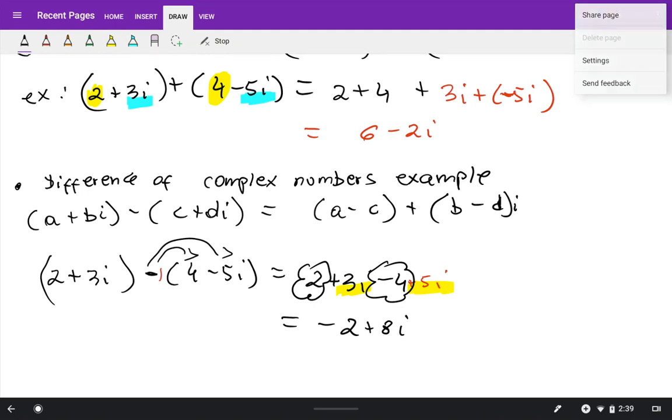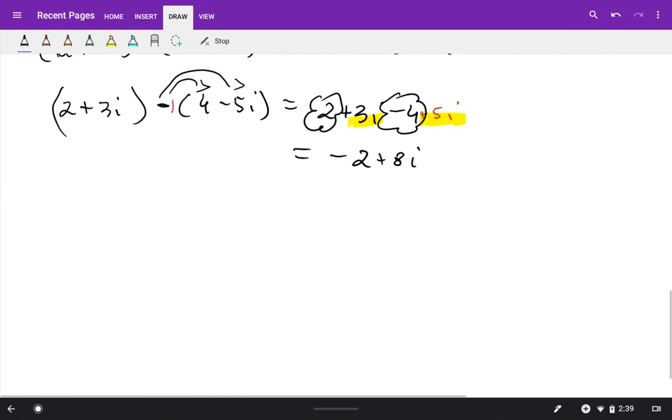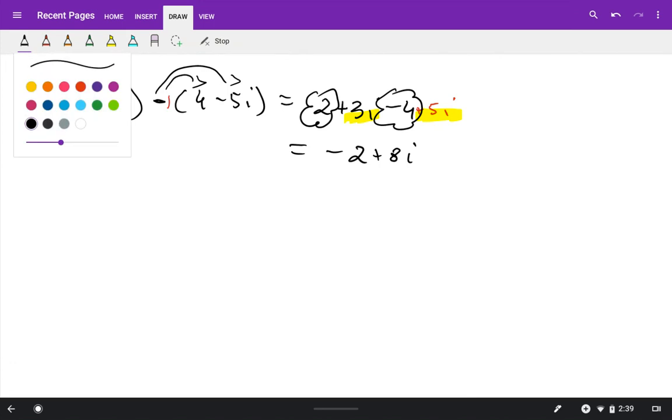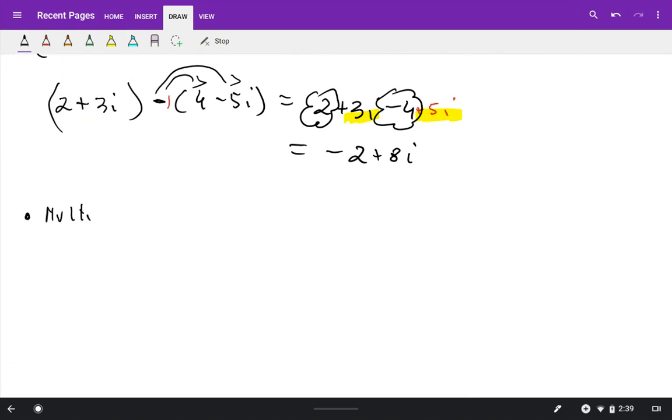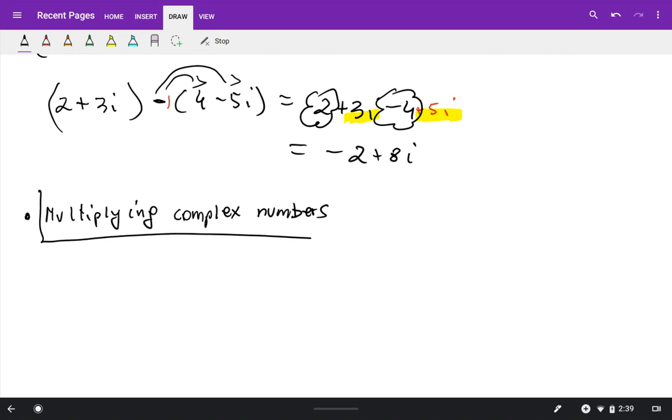Okay, let's focus on multiplying complex numbers. When we multiply complex numbers, you're just going to FOIL.